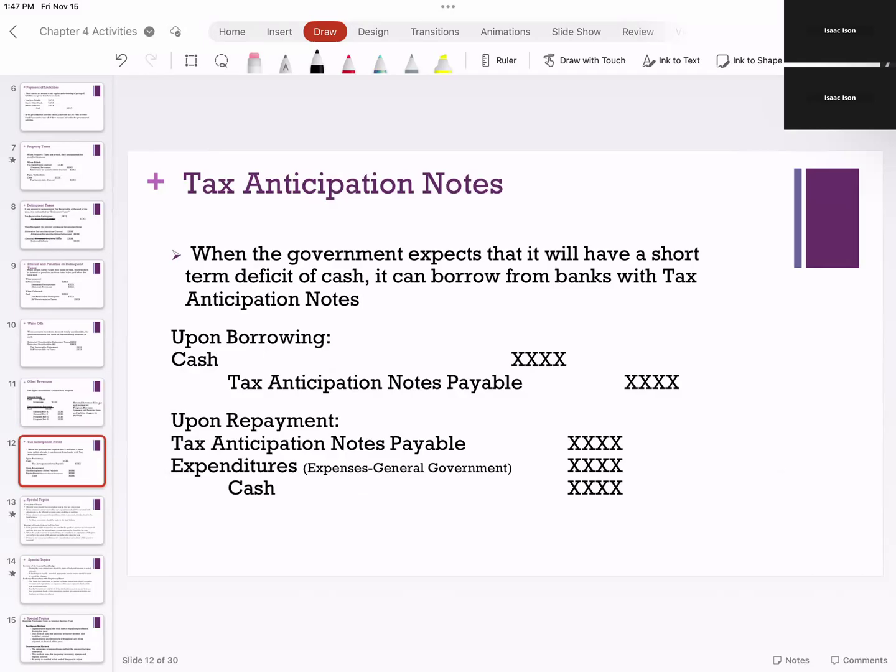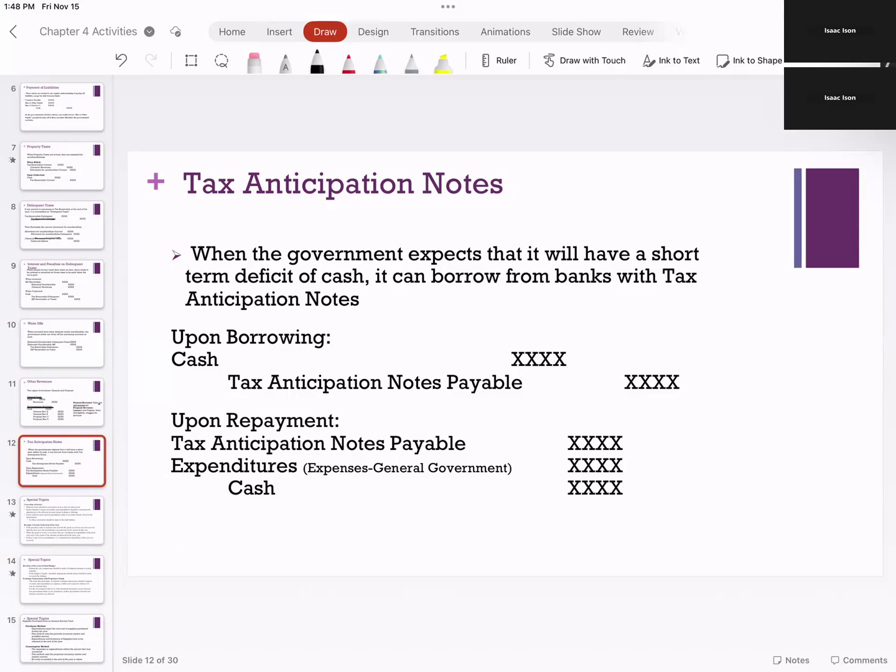Tax anticipation notes. This is just where the government borrows money. The inflows of money for a government are cyclical, right? Like right now, governments are collecting property tax and stuff like that. So a lot of money is coming in, but other times of the year it's not.